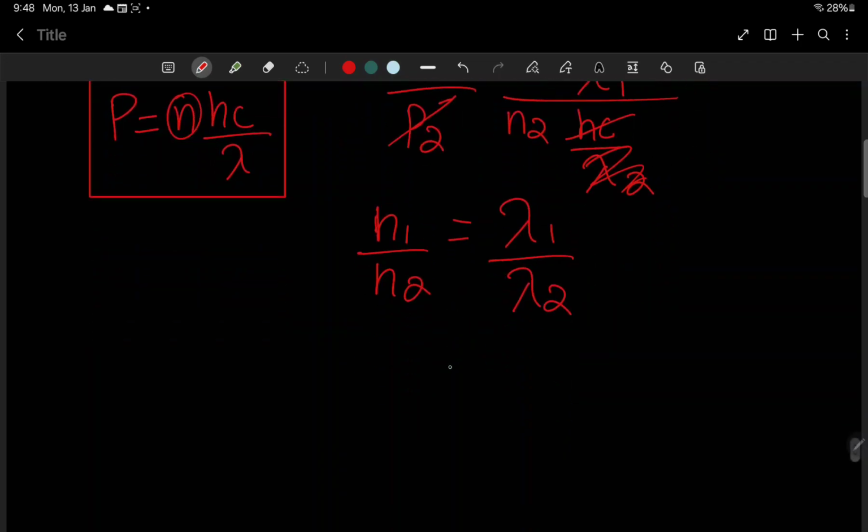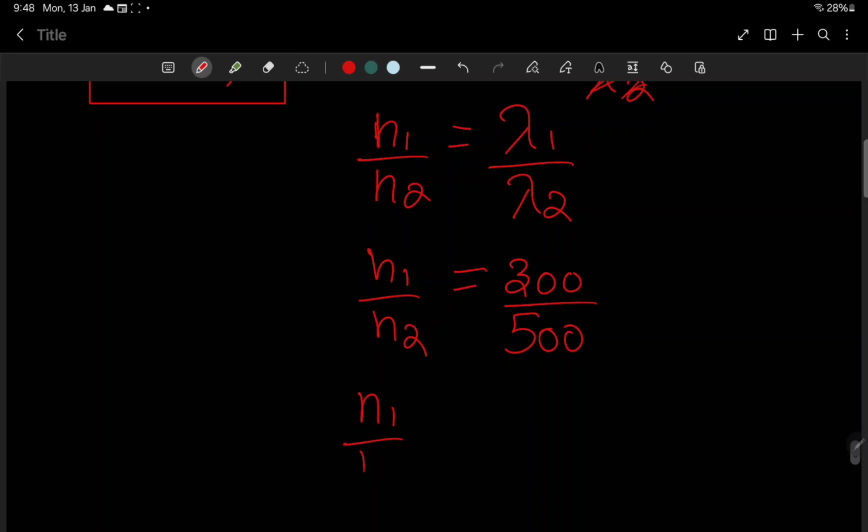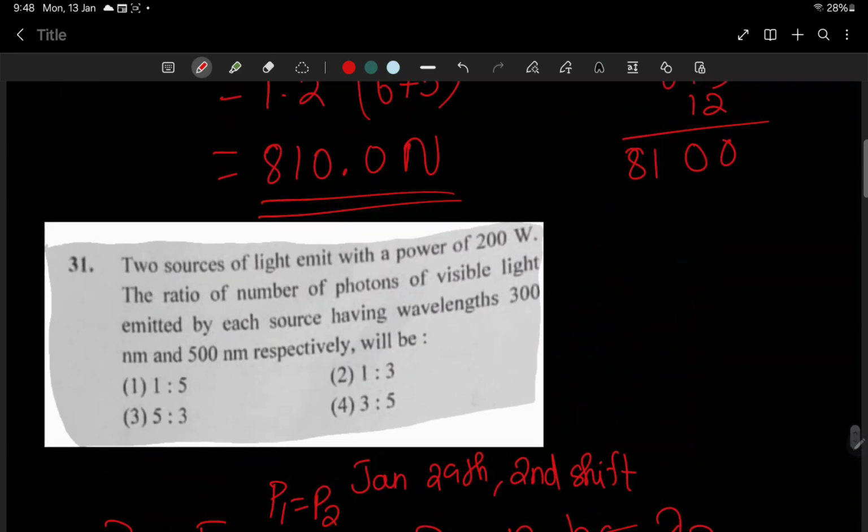Lambda 1 is 300 by 500. No need of nanometer, it will cut off. Therefore, N1 by N2 is equal to 3:5. Yes, this is the answer, option number 4.